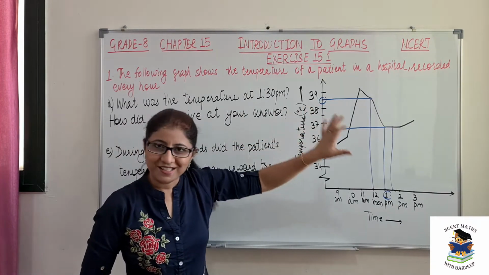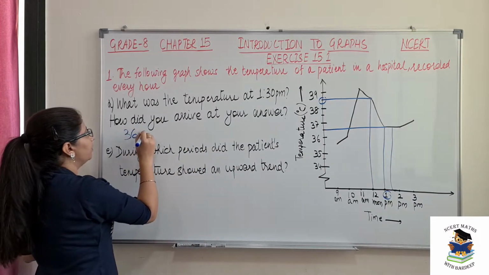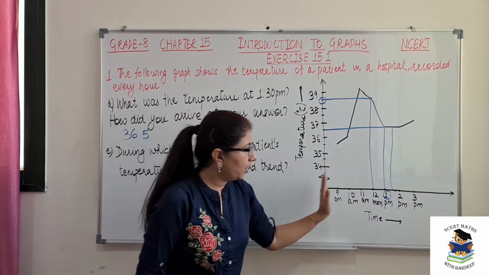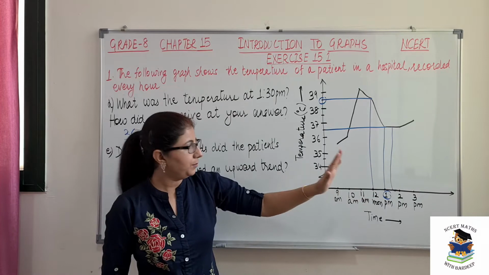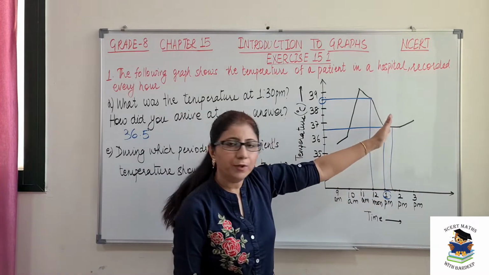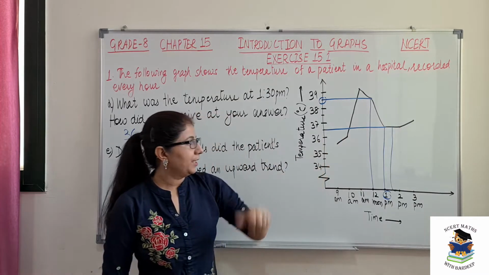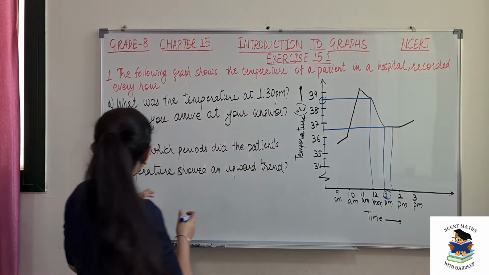So it should be 36.5 degree. So answer is 36.5 degree. And what is your explanation? We have found the midpoint of 1 p.m. and 2 p.m. to locate 1:30 p.m. Then we have drawn a vertical line where it meets our graph, and we check the temperature at this point as 36.5 degree.